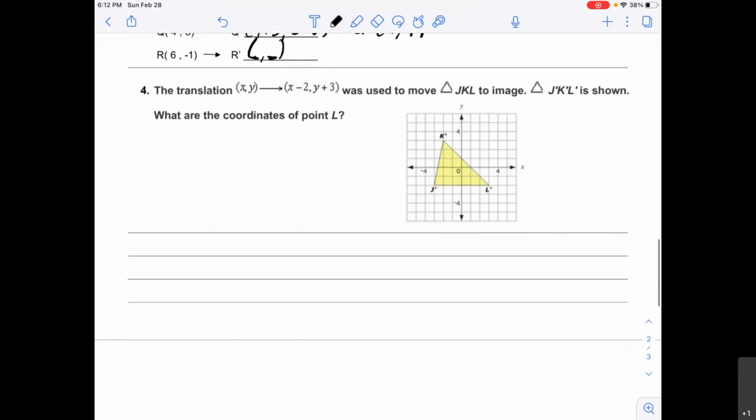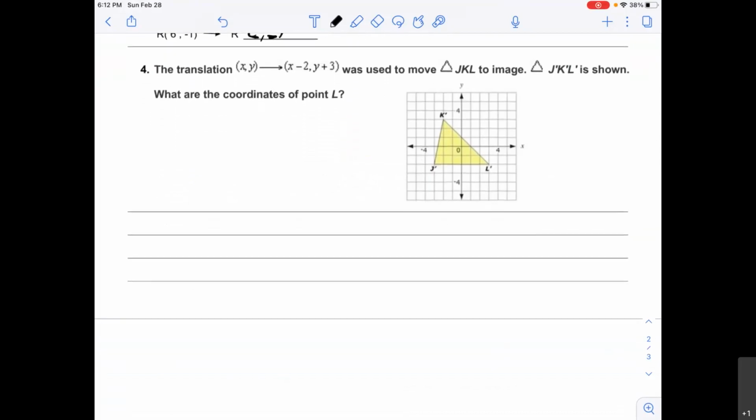The last thing I want to show you is a problem that looks like a problem that you might get on a test or quiz. And when I say might, remember that I write your tests and quizzes, so I know that this is on your tests, on your quiz. So really, really, really good problem. This problem tells us that the translation x minus 2, y plus 3 was already used. It already happened.